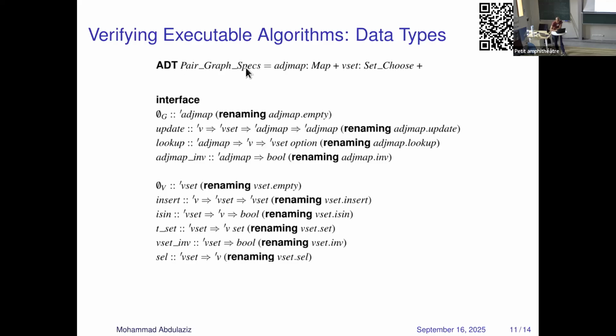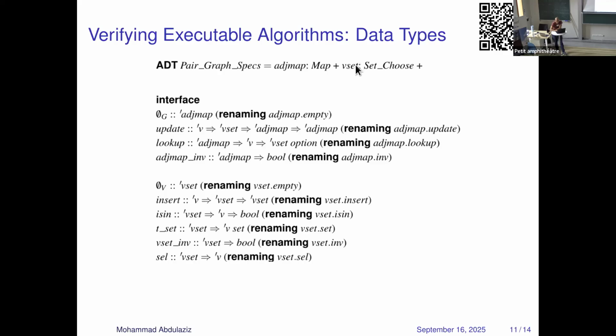This is just a snippet from a book draft that's currently in press, with Tobias as an editor, and I have a chapter in it on graph algorithms. Instead of showing you actual Isabelle syntax, I'm using this, which I hope is more readable. So you have an abstract data type of graphs. And what is that? It uses two abstract data types, one for maps, which is an adjacency map, so it's a map that maps every vertex to its neighborhood.